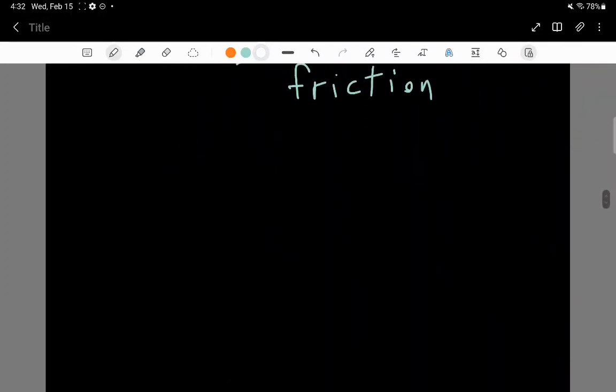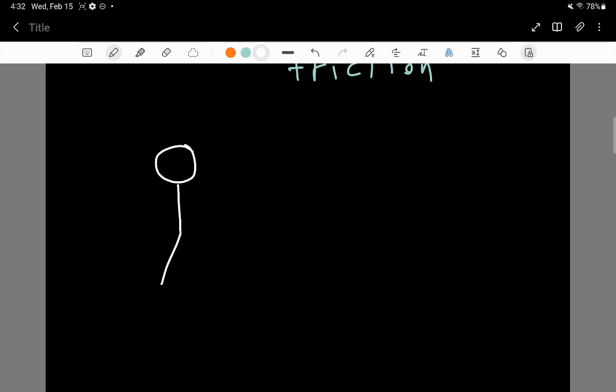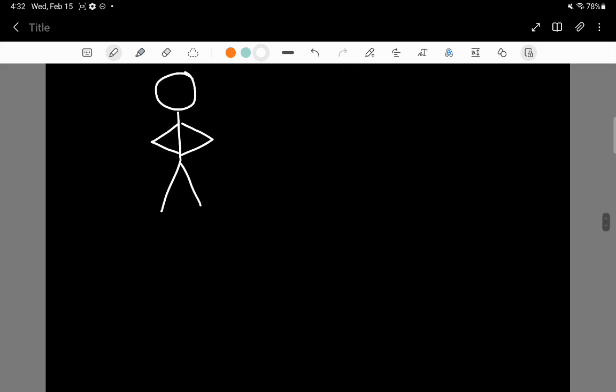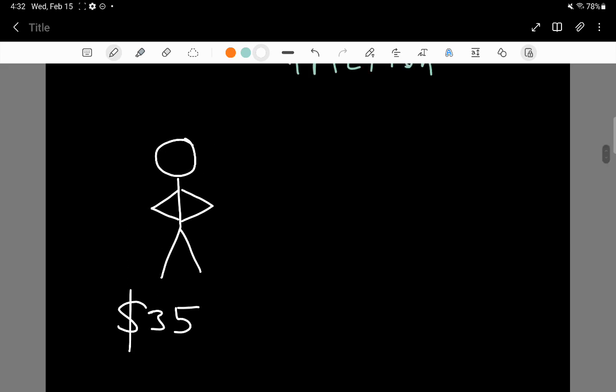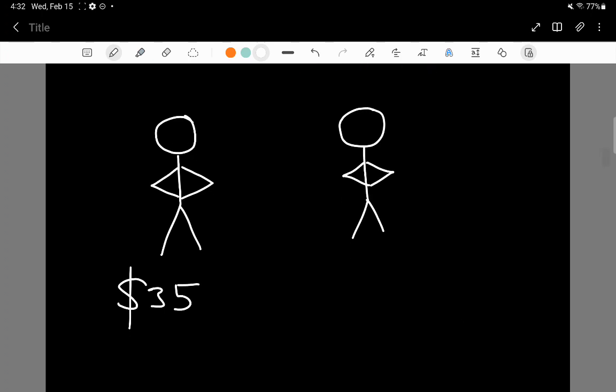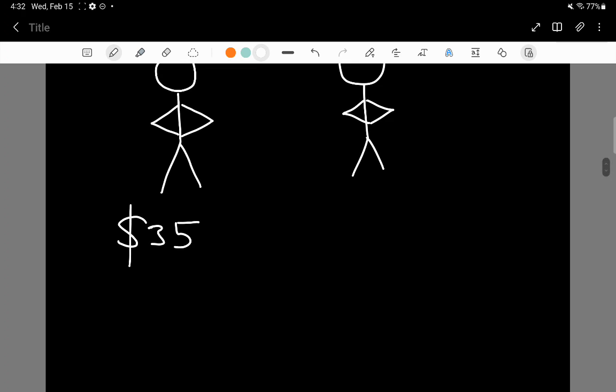Let me give you an example of a conservation situation. So here's a person, and let's say that they have $35. And here's another person, and they have $10.